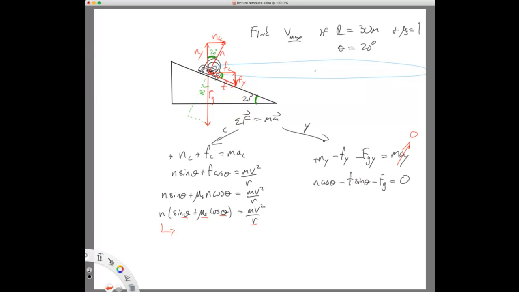And like before, we know the friction force is related to normal force, so we're going to replace the friction with mu static N. And we'll move the force of gravity to the other side, and we recall that the formula for that is m times g. So we can factor out the normal force.